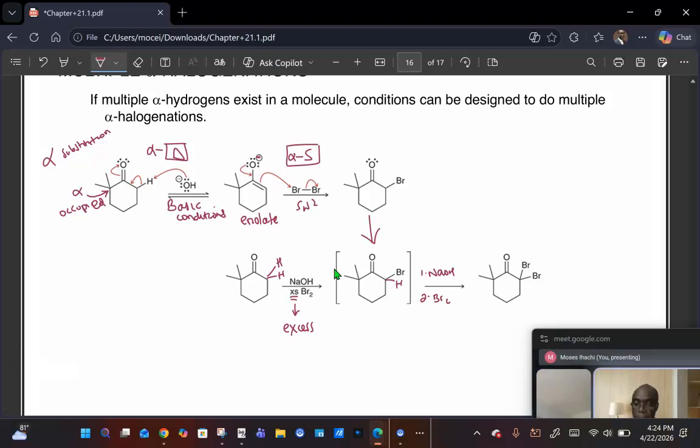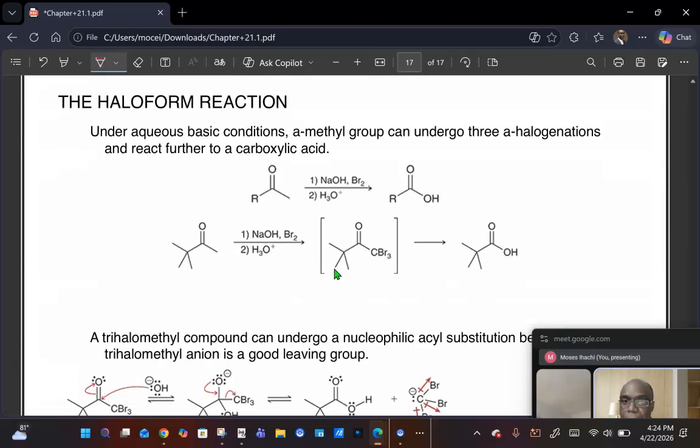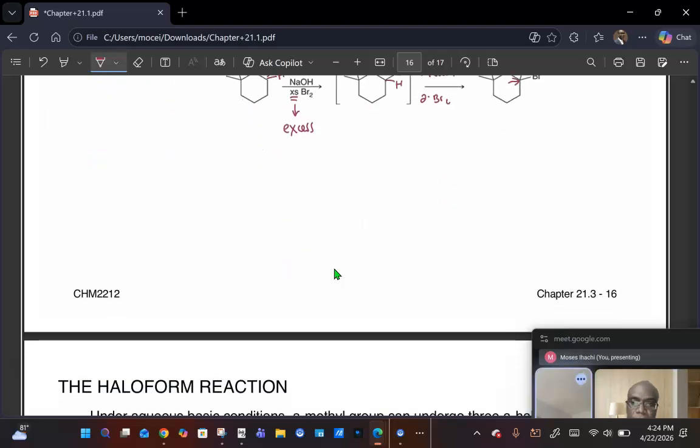Okay, so haloform reaction. Anytime you have these pieces right here, that's what we call the haloform. You see how we put two bromines here? What if I have a CH3?